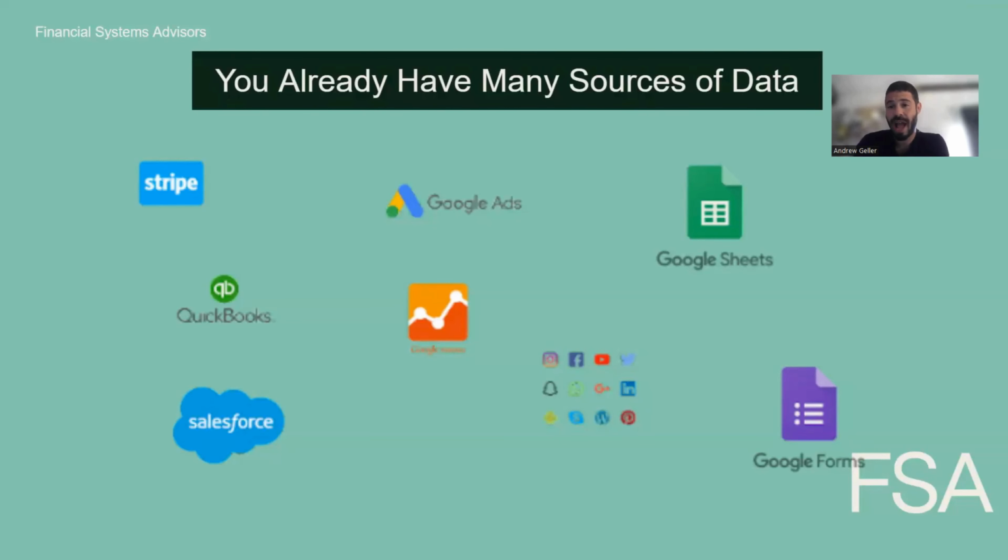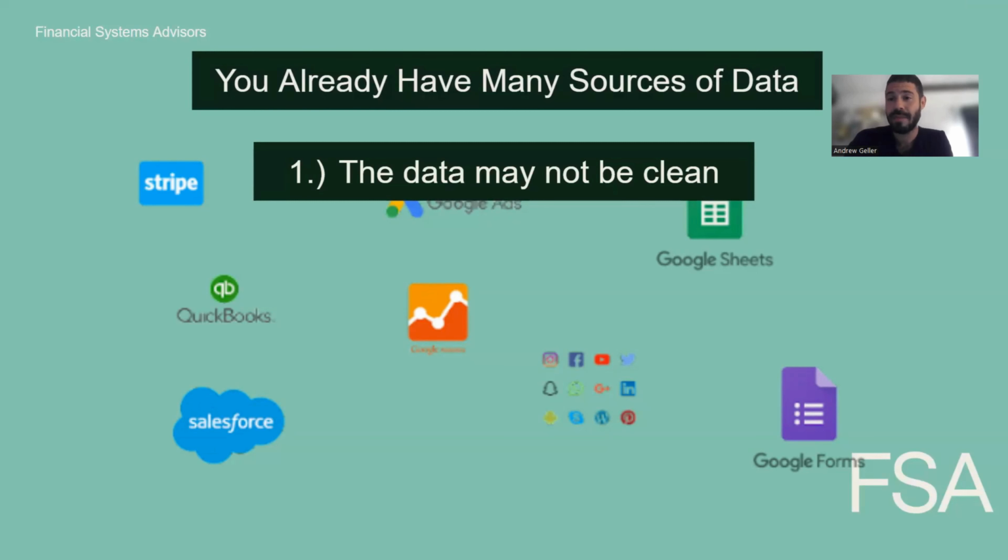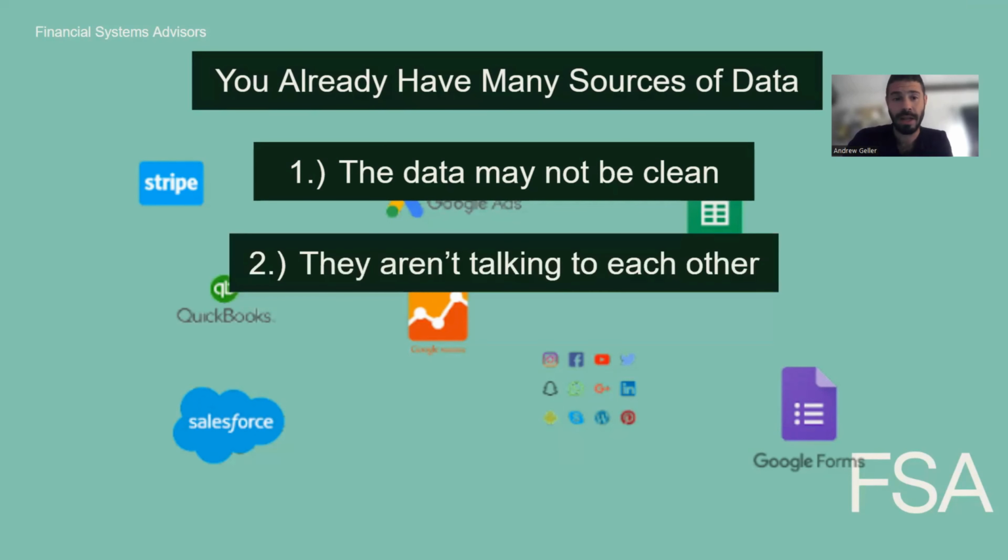You already have so many sources of data, whether it's stuff you're collecting yourself or it's coming from Google Analytics or social media. Any of these platforms are collecting data, whether you know it or not. Now, the problem is, one, the data may not be clean. And this is especially true for data that you're collecting by hand or that your customers might be filling out, something like that. Two, they aren't talking to each other.